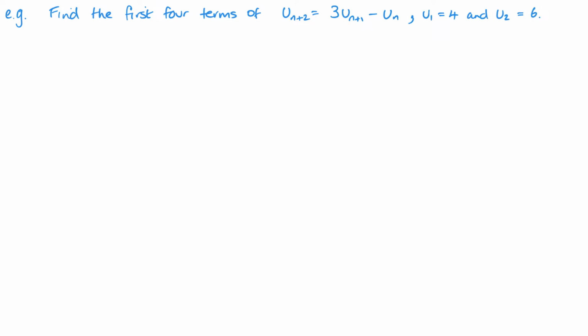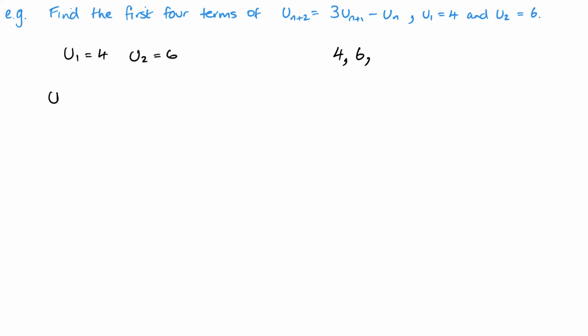Now, second example, similar, but notice that this time the formula has an n plus 2. Okay, so this is our formula, but we've been given the first and the second term. So the first term is 4, our second term is 6. Or u 1 is 4, u 2 is 6.